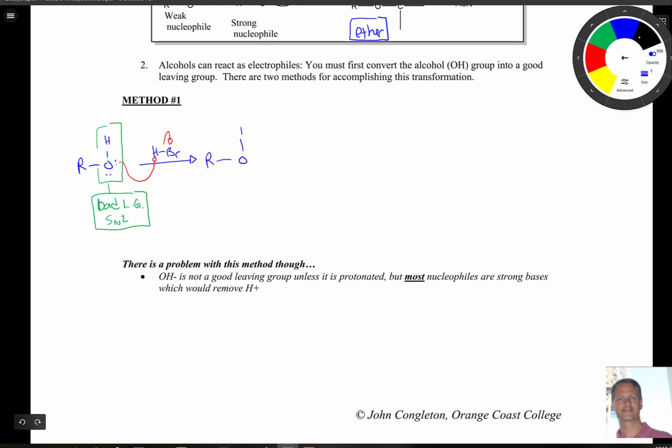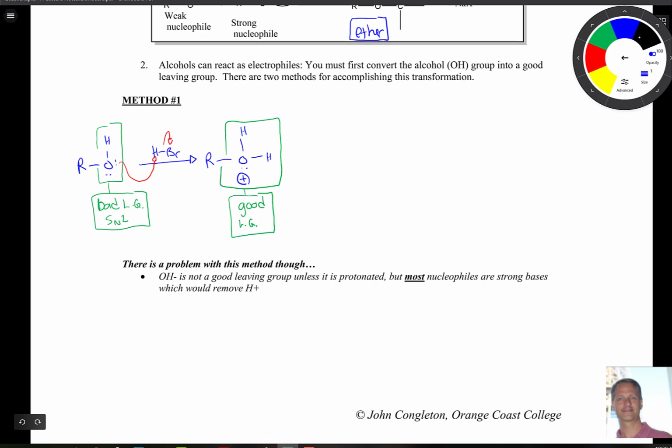So we're going to get this guy now, and that's your plus charge. Here's the interesting thing: this group is now a good leaving group. You've converted a bad leaving group into a good leaving group.